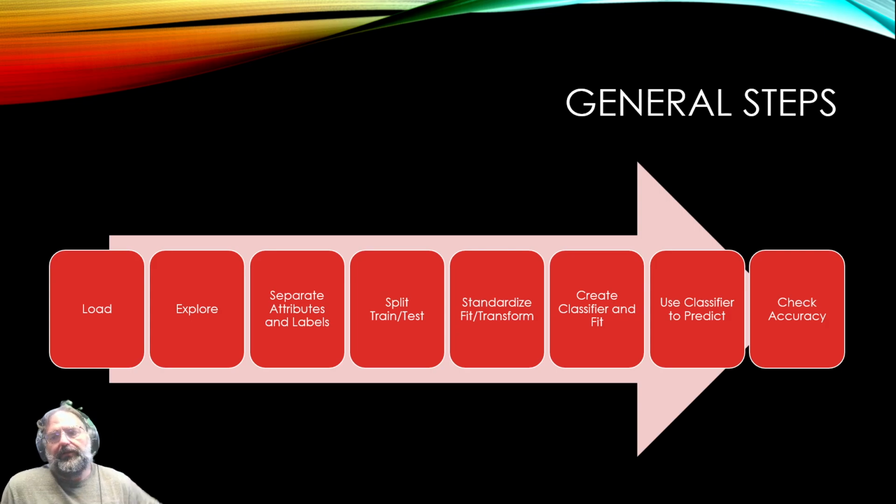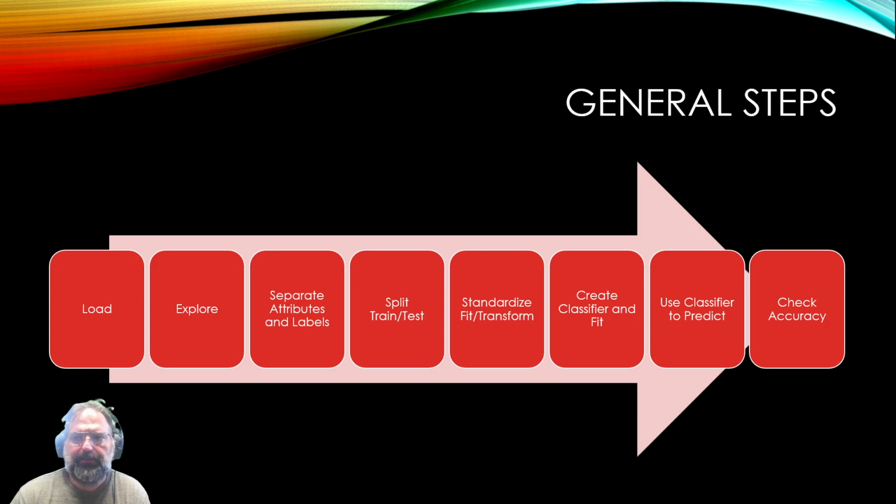Then you'll generally split your data into some percentages, either 80-20 or 70-30, or maybe even 5-95. It's going to depend upon lots of factors, including the amount of data that you have. And if you don't have enough data, there's ways to address that as well. We'll talk about them at some point as well. Then you're going to standardize and then fit and transform.